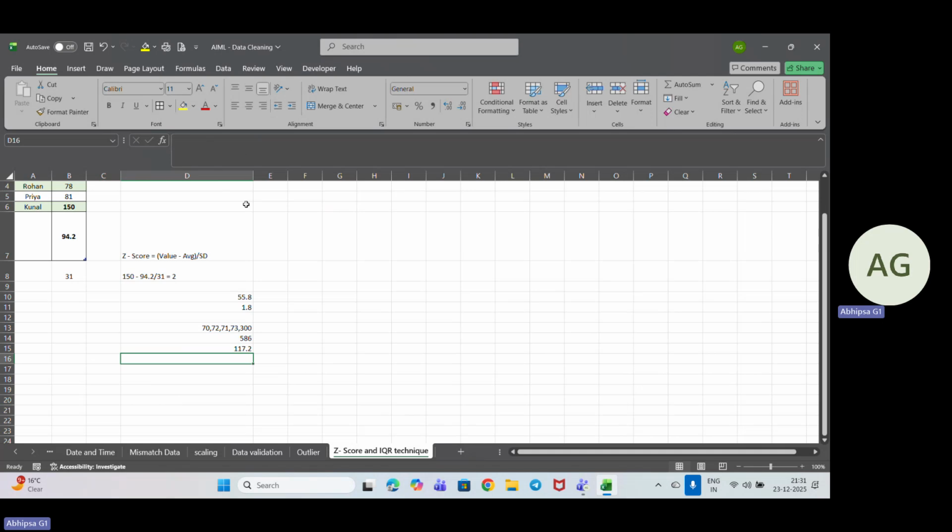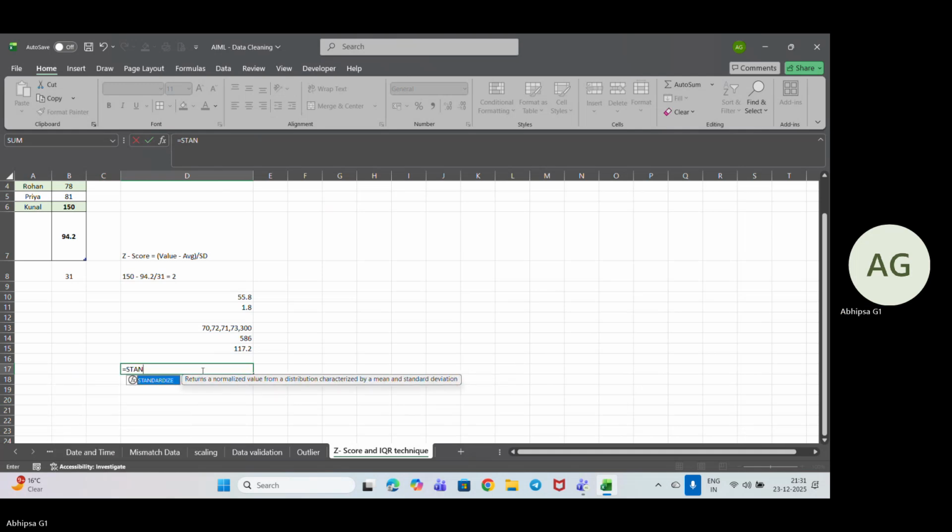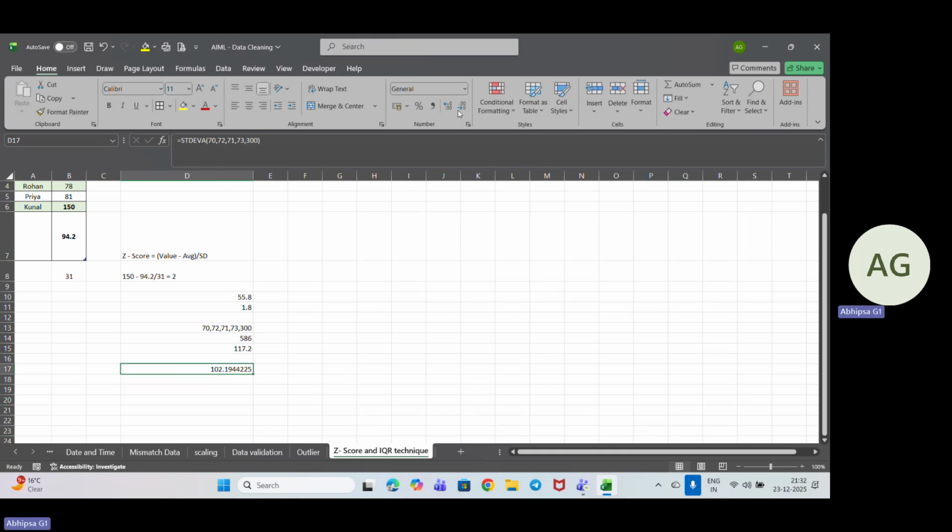Now if we are doing the standard deviation of it, the standard deviation of the values 70, 72, 71, 73, 300, and closing the bracket, we are getting the value like this.